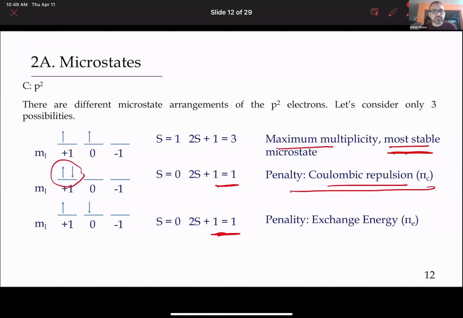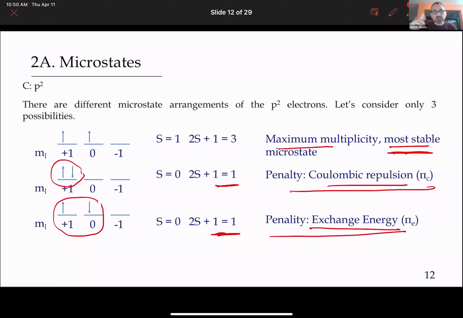And then this other singlet state, well, here, even though we don't have a pairing up, we have a penalty due to an exchange energy. All right, what does that mean? Well, these two, remember, these two can be in any one of those orbitals, but in order for you to retain spin up and spin down, if you try to move one from the other, right, and retain the same system, you have to go through a flipping of the spin, possibly. So as you flip the spin, that requires an energy.